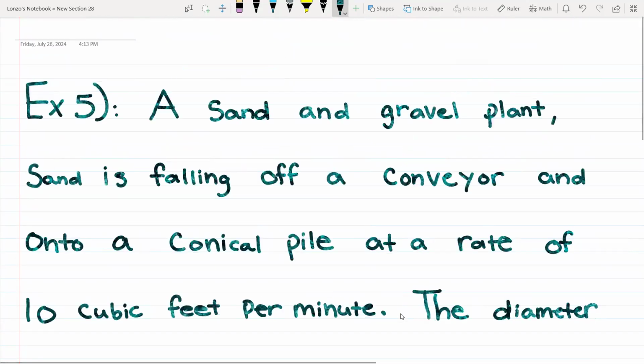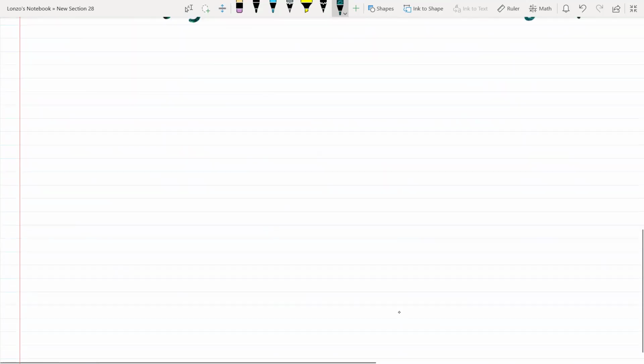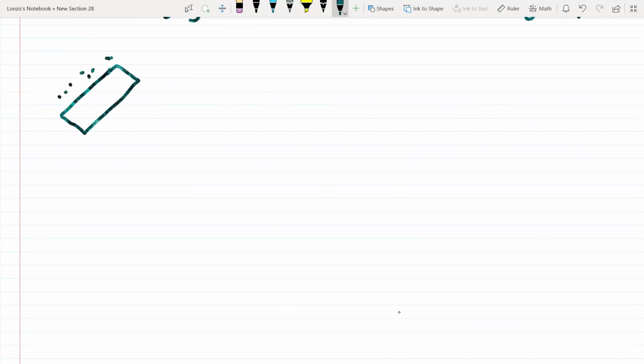We have a gravel plant. You have this gravel plant and it's picking up sand and putting it on the ground, and it forms some kind of cone. This is not a cone, it's a triangle.